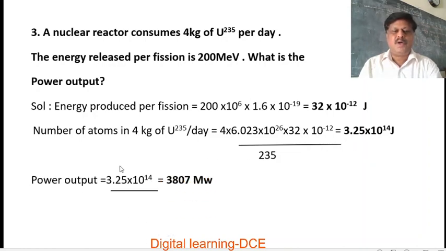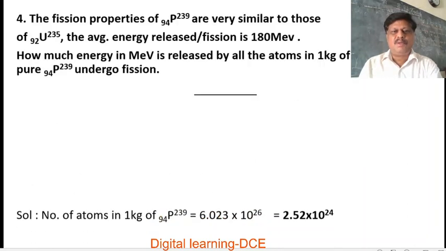The power output is equal to 3.25 into 10 power 14 per day, divided by 24 hours into 60 into 60, 3600 seconds. Then the output power is equal to 3807 megawatts.